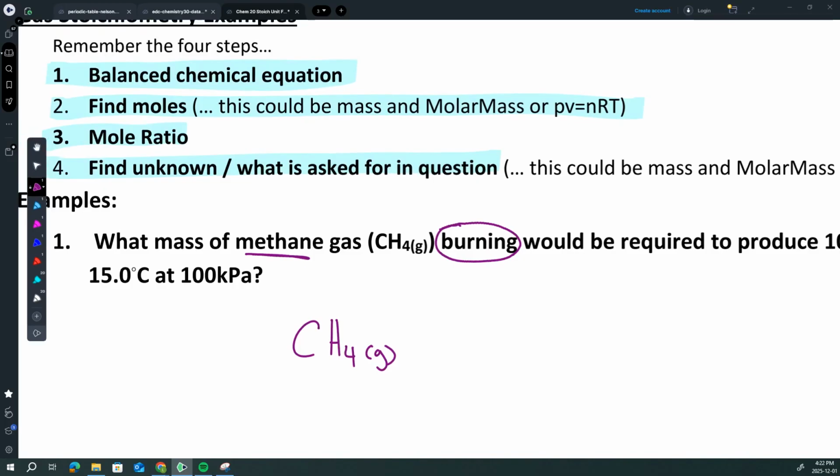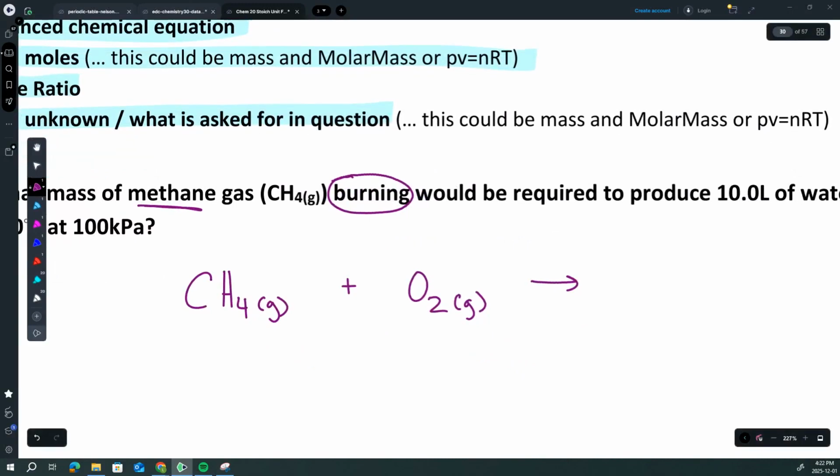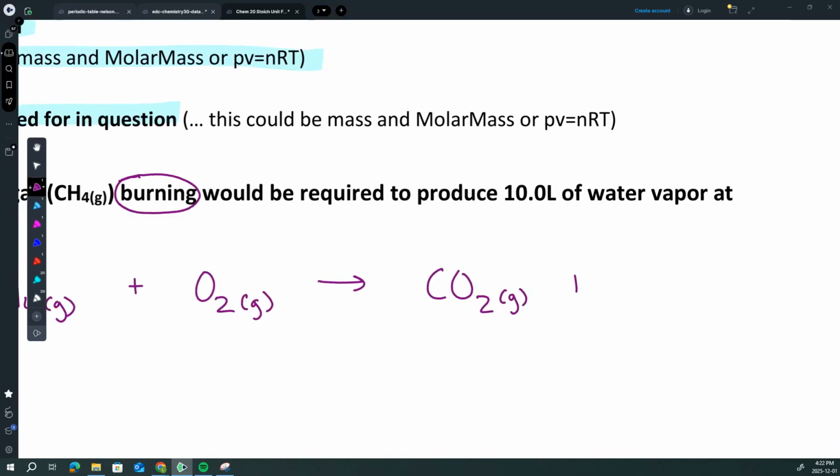So we've got our fuel, which is a hydrocarbon, reacting with oxygen, which is a gas. Since our fuel is a hydrocarbon, our products for hydrocarbon combustion are always going to be carbon dioxide, which is a gas, and water vapor.